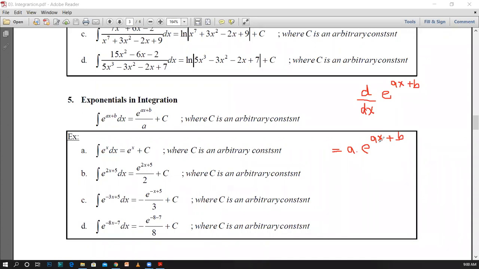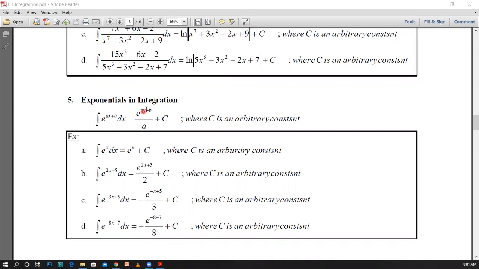In integration, what we are always doing is the reverse. In differentiation we had multiplication, therefore in the integral we use division. So if you ask to get the integral of e to the power ax plus b dx, then in the numerator you will have the function as it is, e to the power ax plus b, and this has to be divided by the coefficient of x.